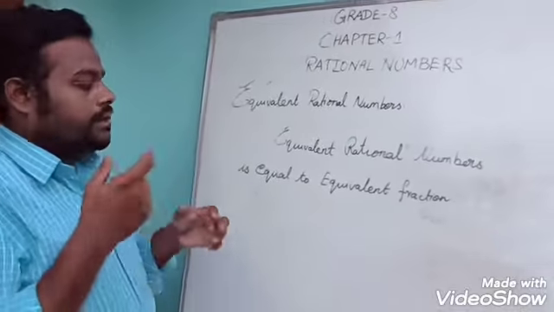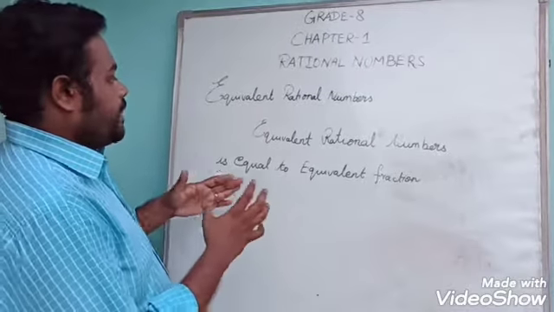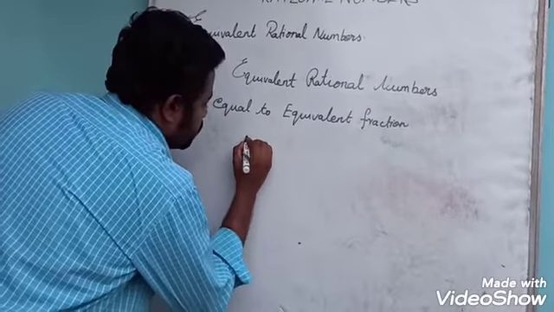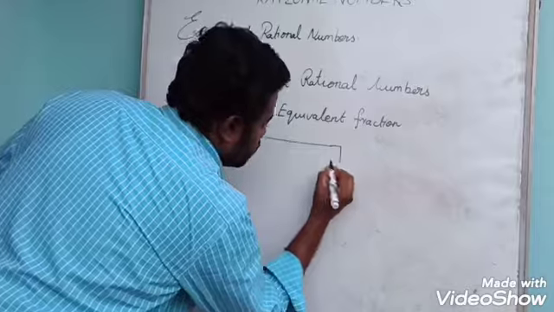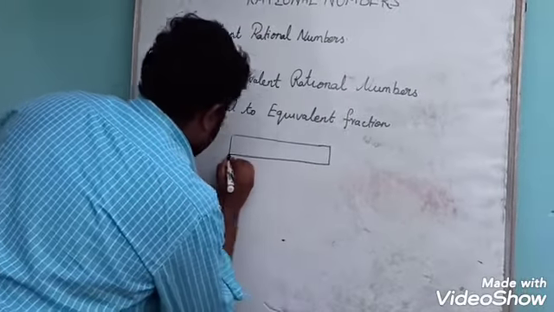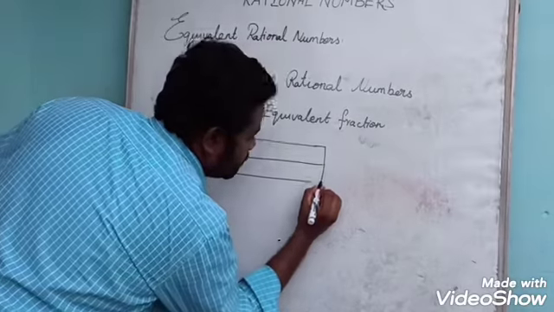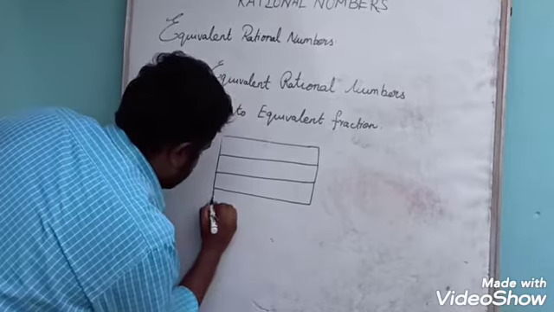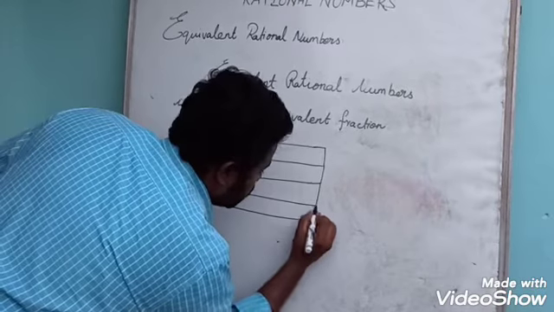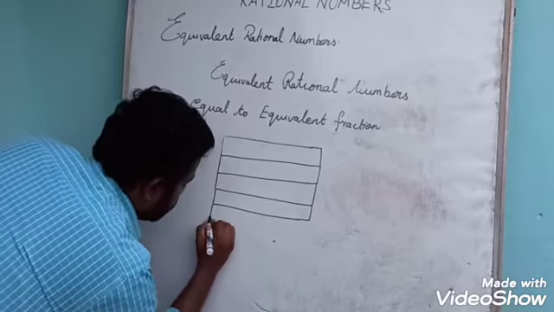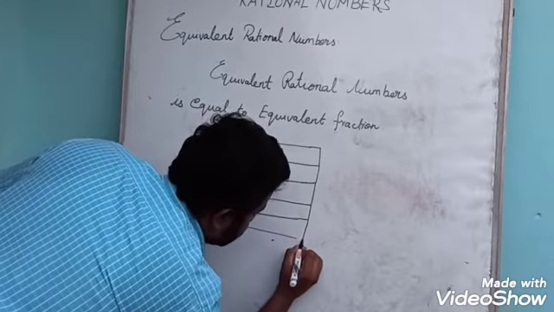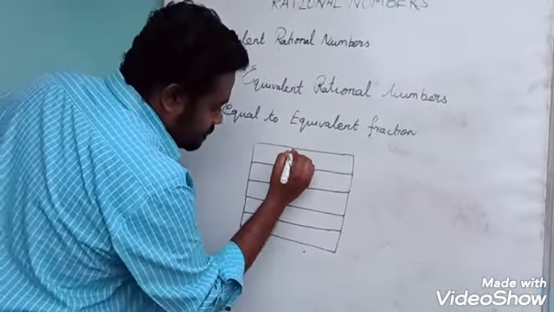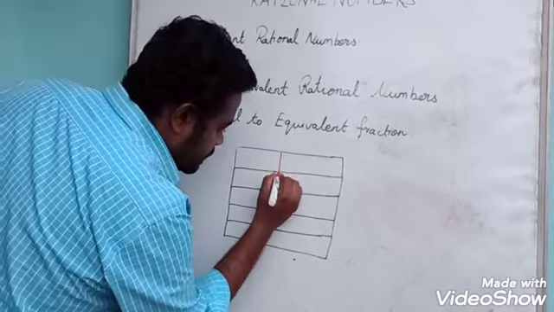I will show one box method to split and compare the rational numbers, the equivalent rational numbers. I will take many boxes, split them, and show you the equivalent fractions. The first one I will split into two equal parts.